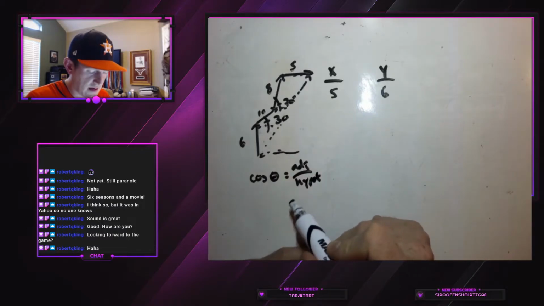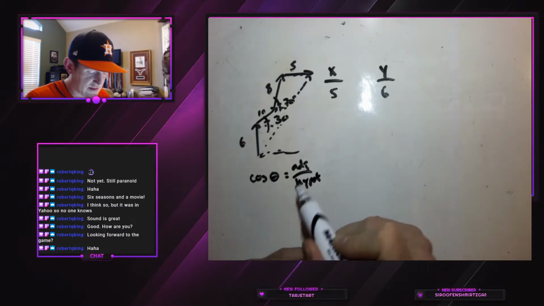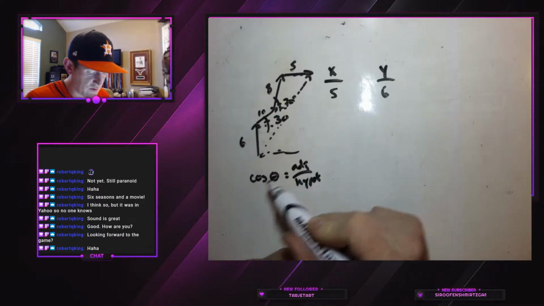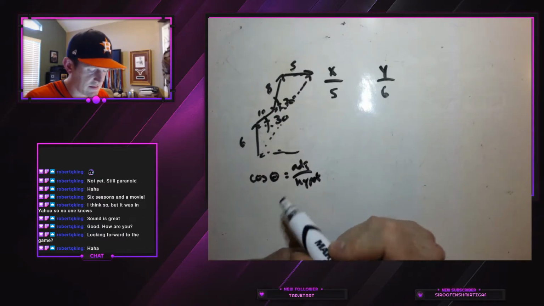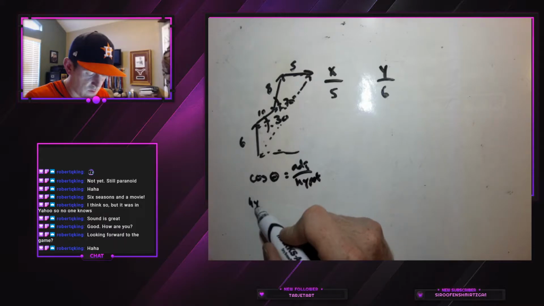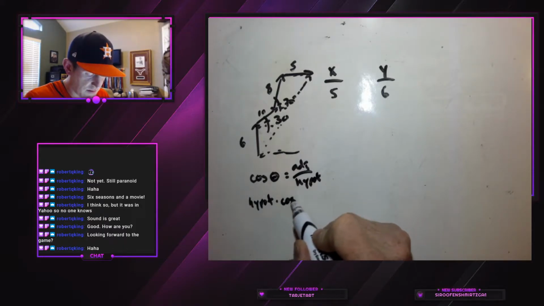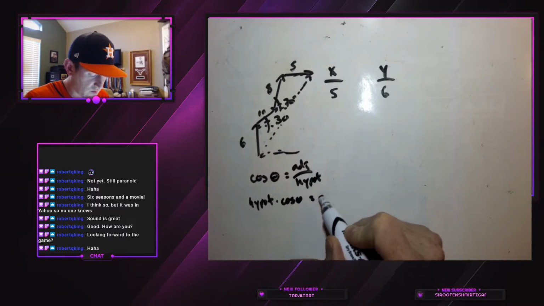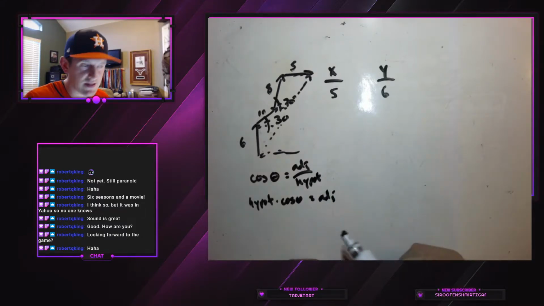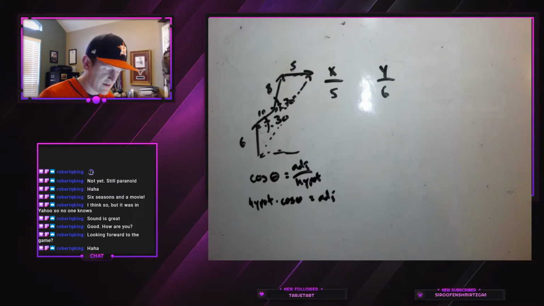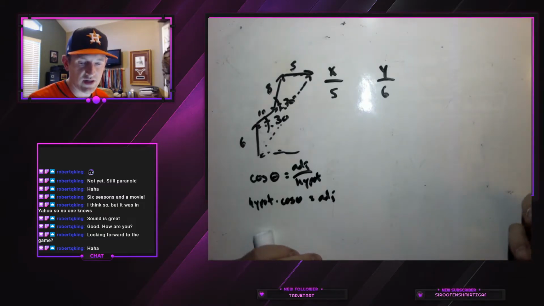Now, if we want to find the length of this adjacent side, we can move this hypotenuse over here by multiplying both sides by the hypotenuse. And we can redefine our equation as the hypotenuse multiplied by the cosine of the angle equals the length of the adjacent side. That is more or less the definition of these trigonometric identities.